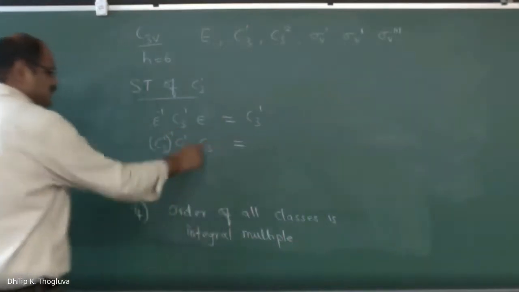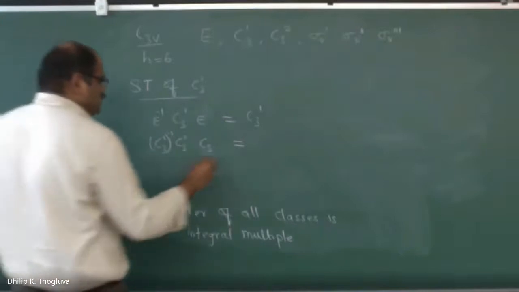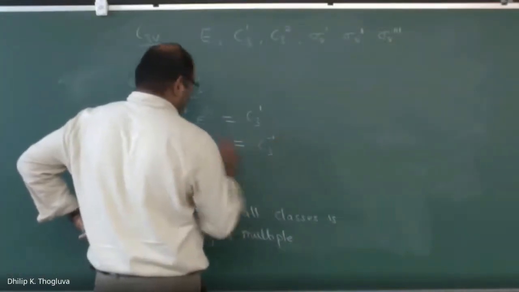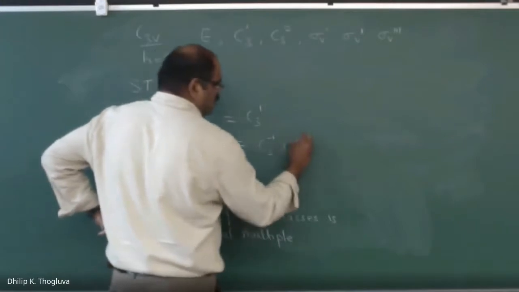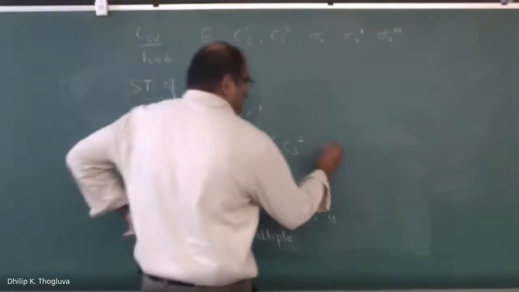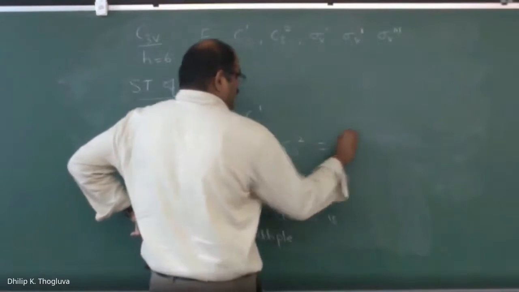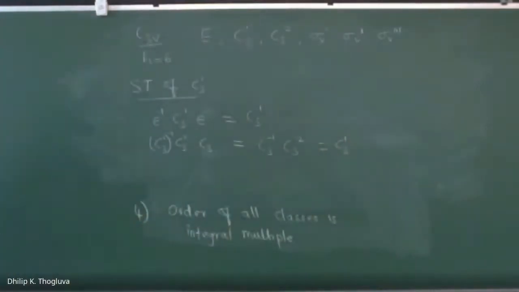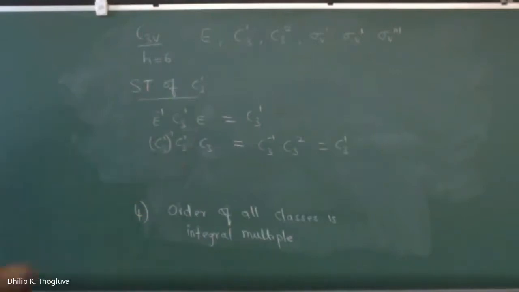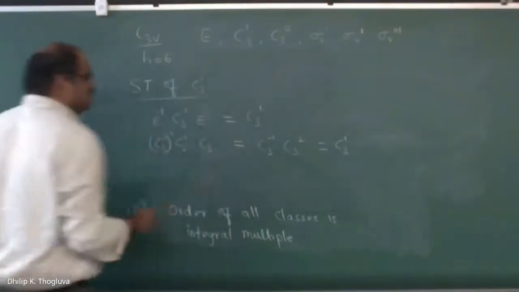So this is C3 into C3, it will go to C3². Okay, so C3¹ into minus 1 is C3 minus 1. This will result in what? This is C3¹ itself, right? So I'm just doing a similarity transformation for all the elements present with respect to C3.